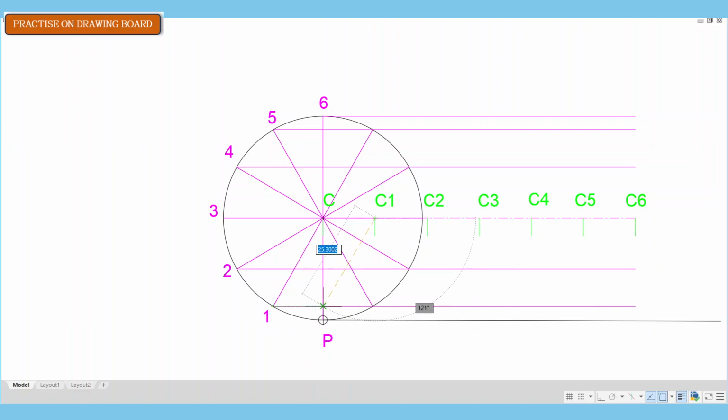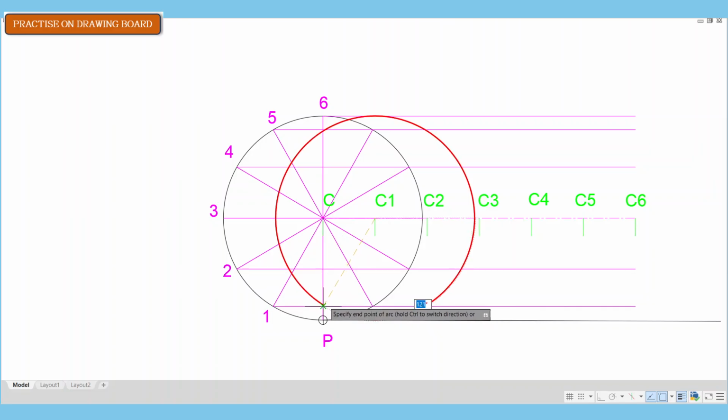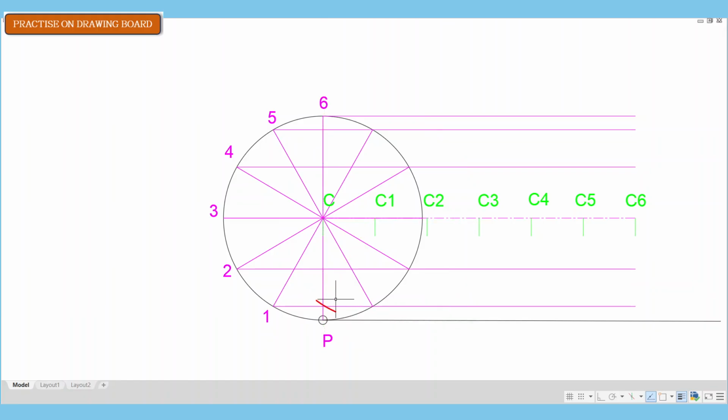So the horizontal line named 1, which is this one, right? So we are going to describe an arc on it, and mind you, the radius is 25. So that is point 1.